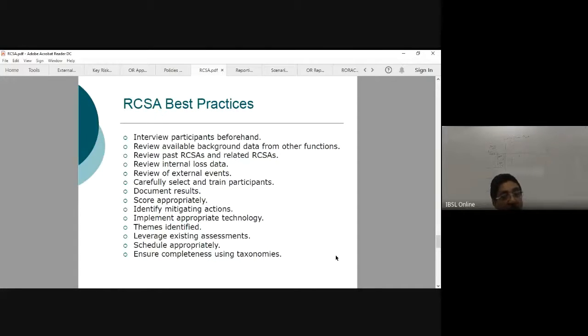But as a guidance, what we can do is, if we can get hold of loss data, internal loss data with regard to the particular branch or the organization, particular department, so it is a starting point for your RCSA.